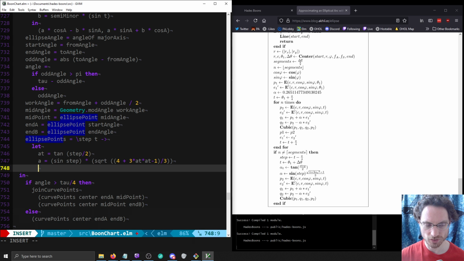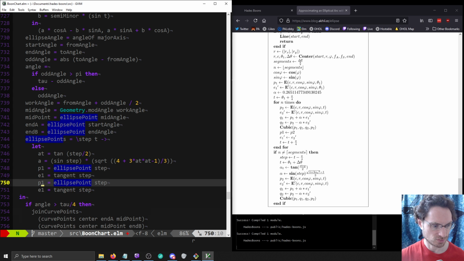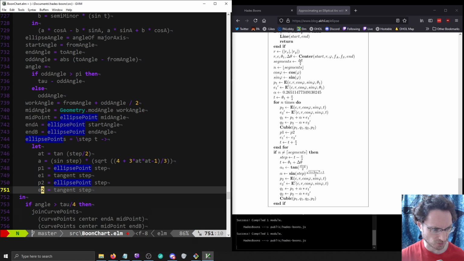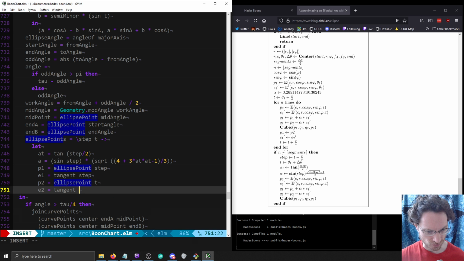So in theory, we already calculated ellipse point of step, and E1 as tangent of step. And we would be able to share some of these calculations if we were to figure out how to extract them properly, because all the stuff for midpoint is going to be the same.